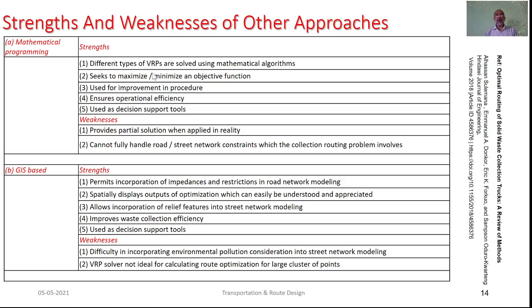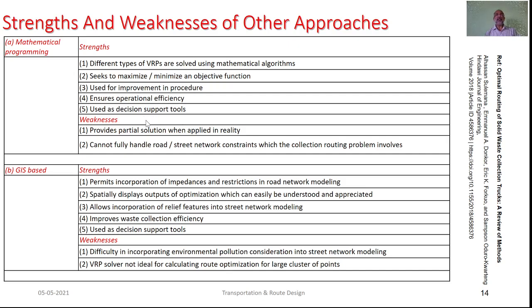So we are going for vehicle route planning and their alternatives, abbreviated as VRP. We can also seek the maximize as well as the minimize objective functions. It can be used in order to improve the processes. As we thought of having number of iterations, we can ensure the operational efficiency.